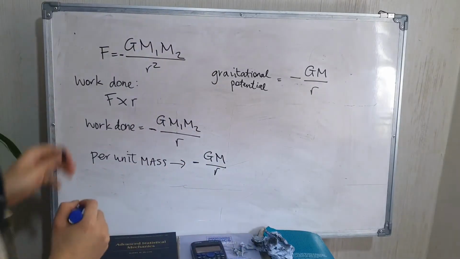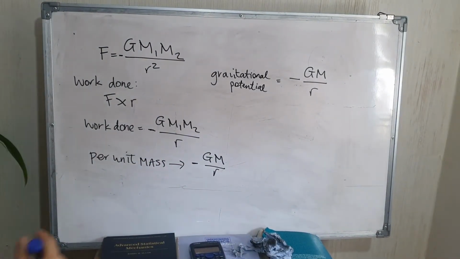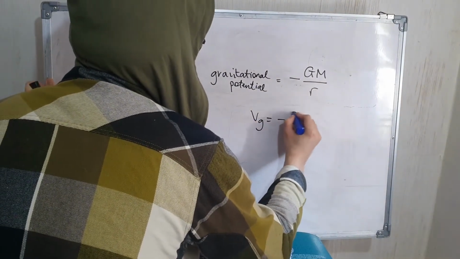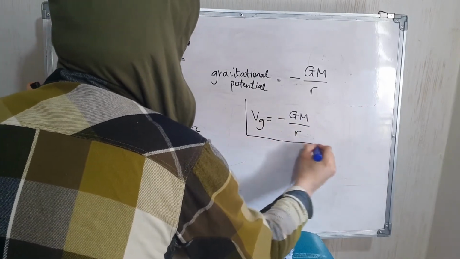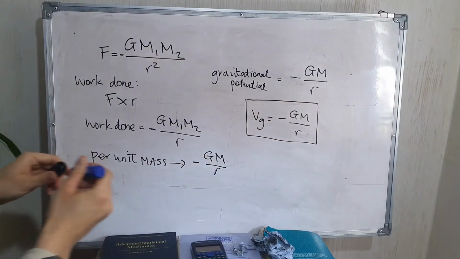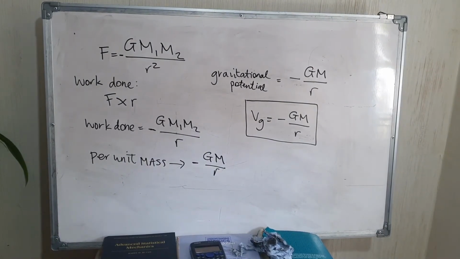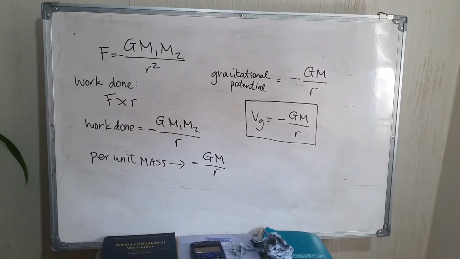The symbol for gravitational potential is V, so Vg is equal to minus G m over r. All right, so that is gravitational potential. It is the work done per unit mass in bringing the object from infinity to that point.